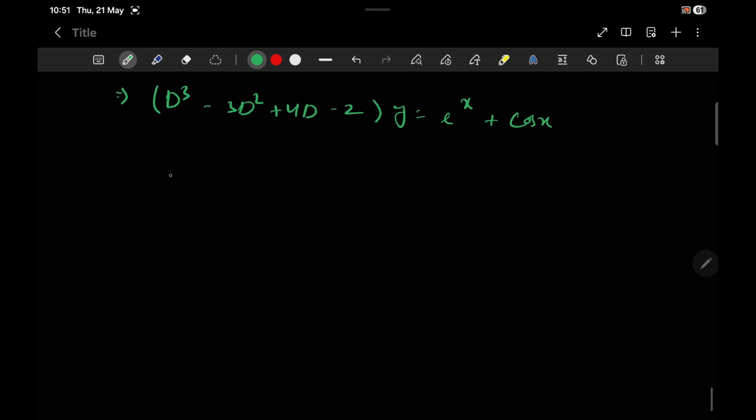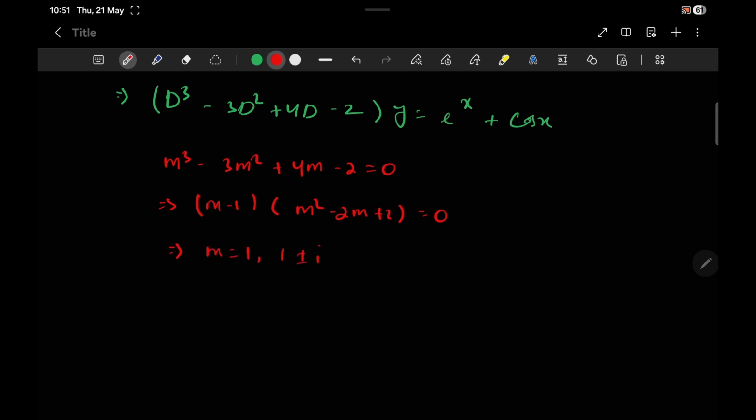So the auxiliary equation becomes m cube minus 3m square plus 4m minus 2 is equal to 0. So m minus 1 into m square minus 2m plus 2 is equal to 0. So m becomes 1 and 1 plus minus i.